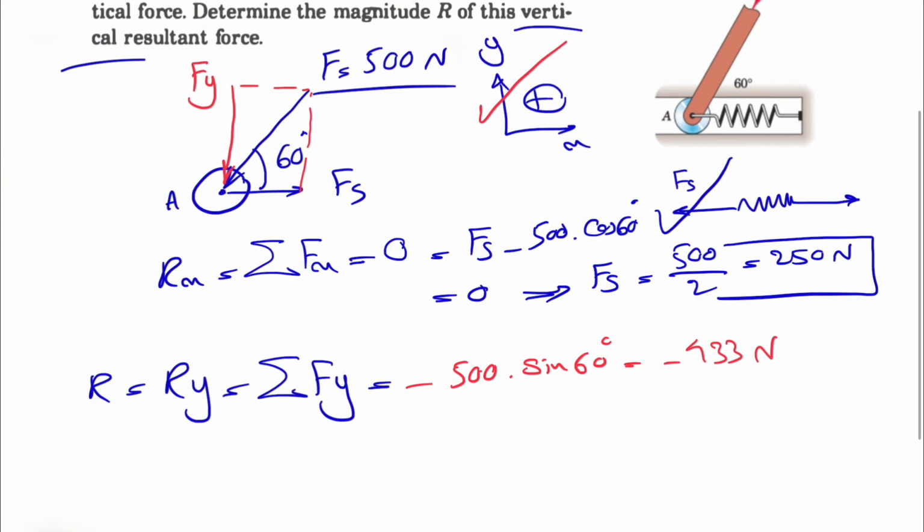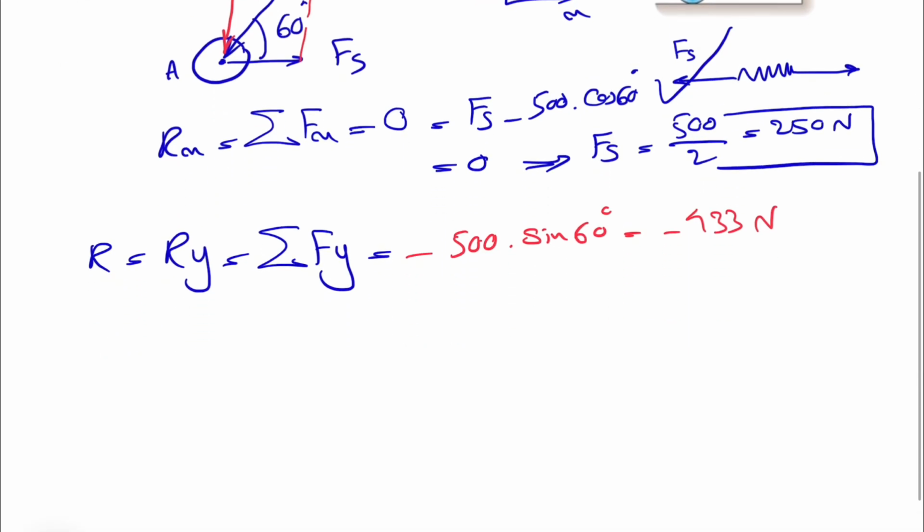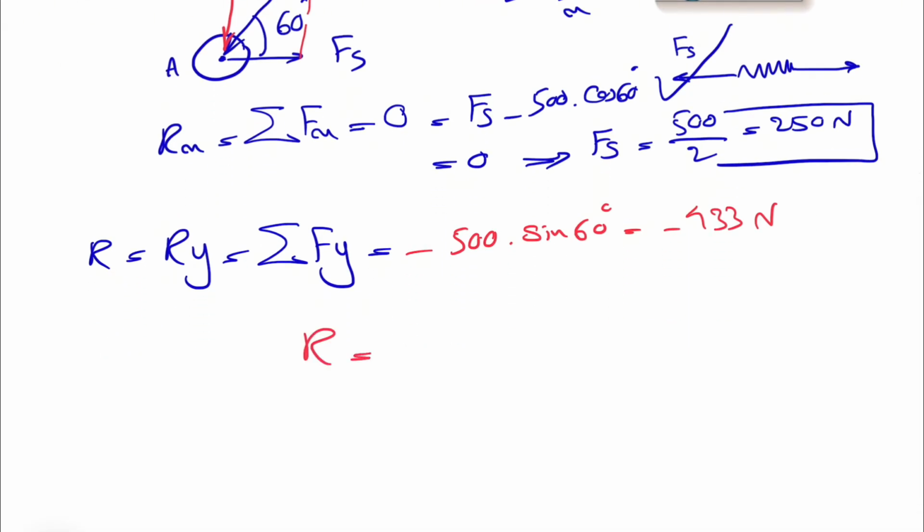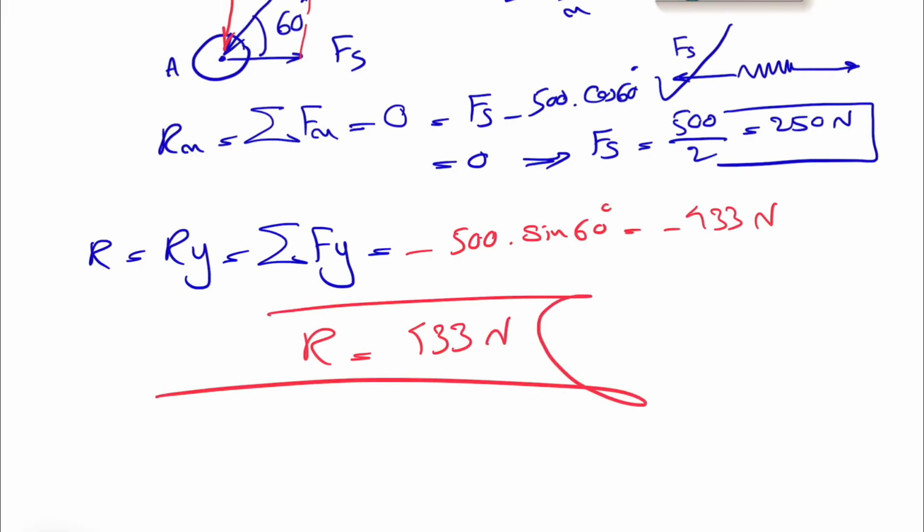But the question is asking for the magnitude of R, so the magnitude will be the positive value, which is 433 newtons, and that would be the final answer for this question.